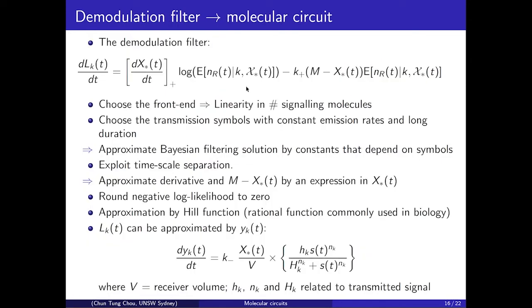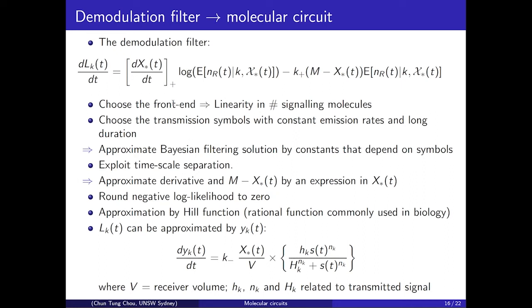Now, when it comes to these demodulation filters, I will explain what we have done to turn it into a molecular circuit. We have actually made a lot of different choices in order to be able to turn it into a molecular circuit.